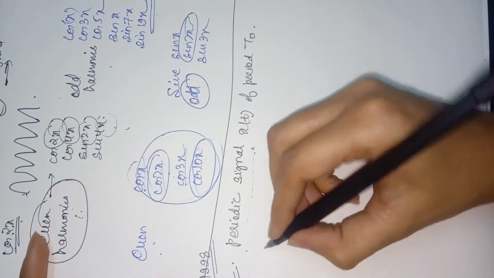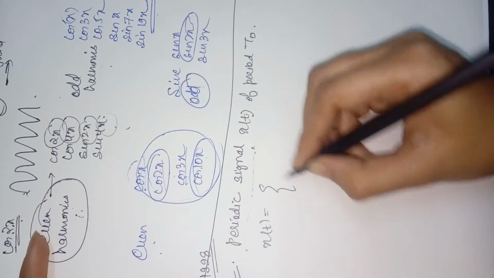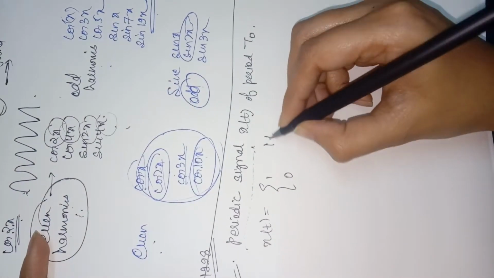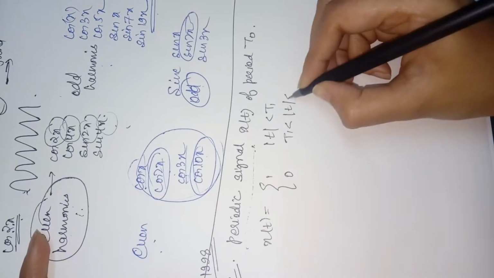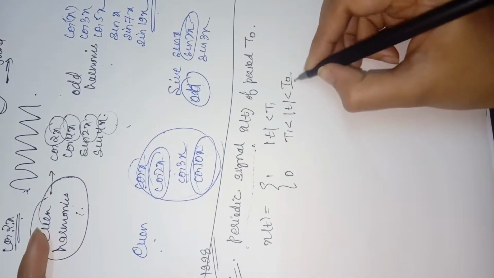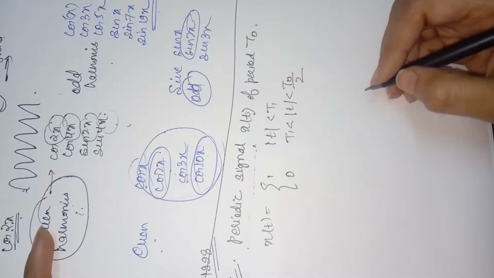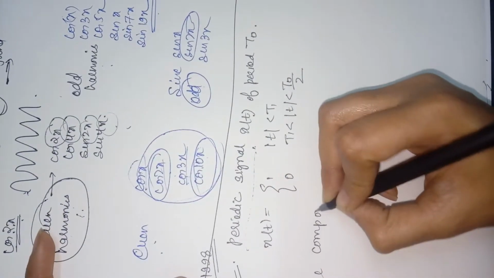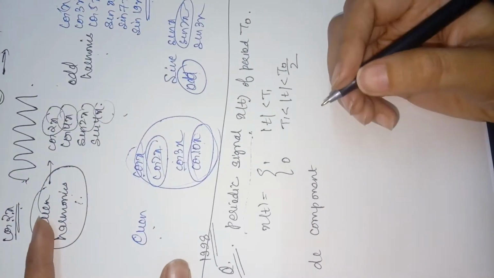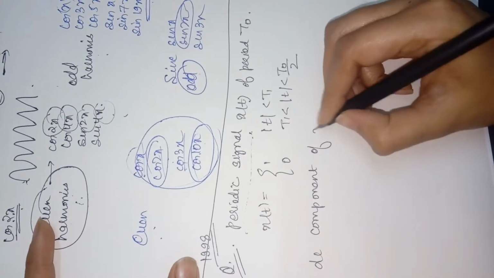Now x(t) is given to me as 1 for mod t less than t1, and 0 for t1 less than mod t less than t naught by 2. This is given to me. What is asked is to find the DC component of x(t).